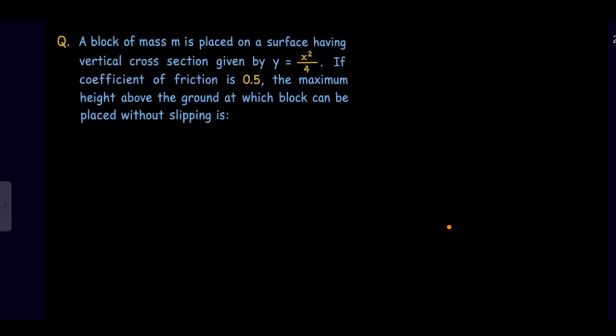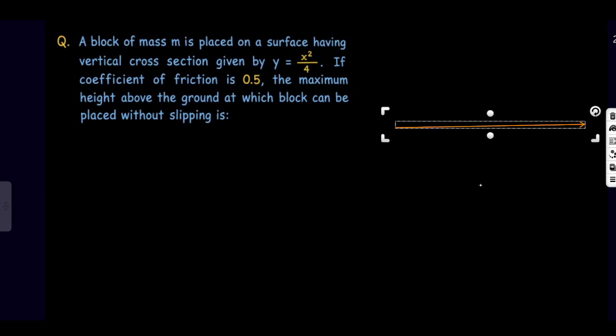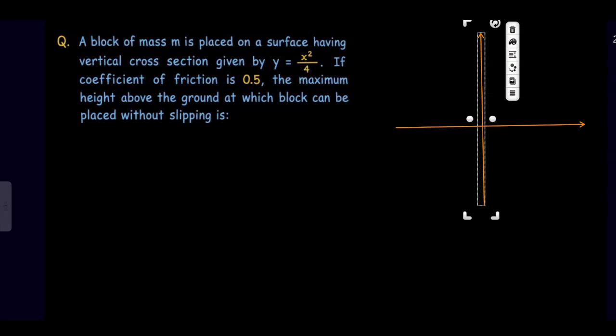So look at what they're saying here. Understanding the problem is important. First of all, they have given the equation. What is that equation? y is equal to x square by 4. Do remember, if the power of x or y is more than 1, then that is a non-linear graph.